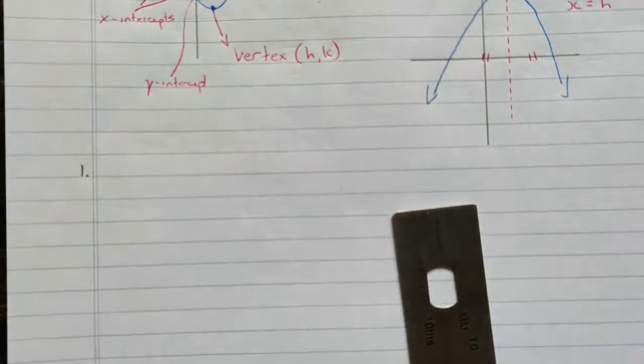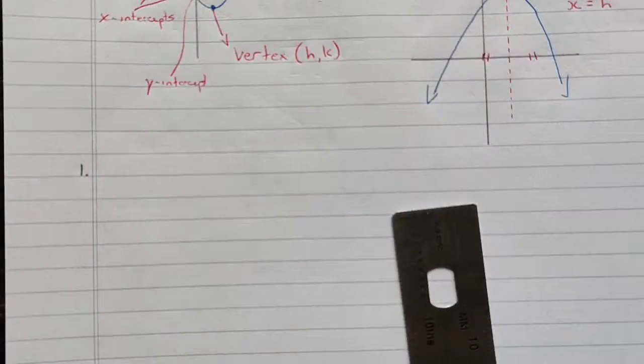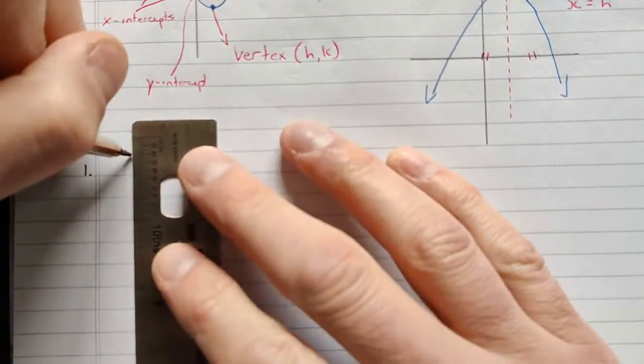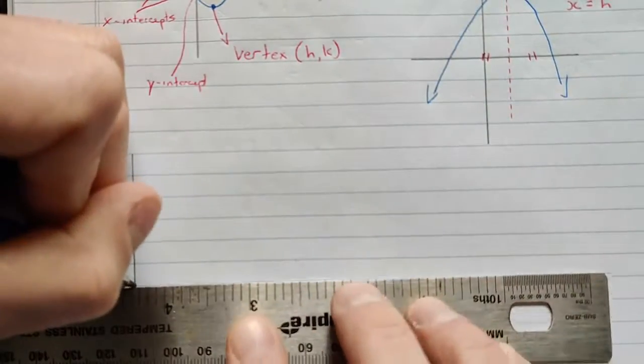I'm just going to switch back and forth here a little bit, but there's our table of values. The x values go from 0 to 8, and then the h values, the height values, go from 1 all the way back to 1. And so if I start drawing that, I'm going to just draw a graph like this.